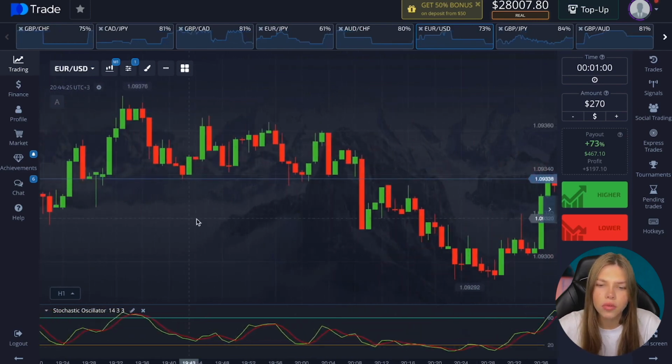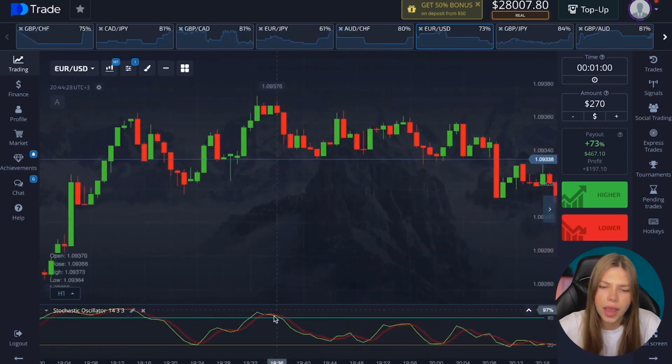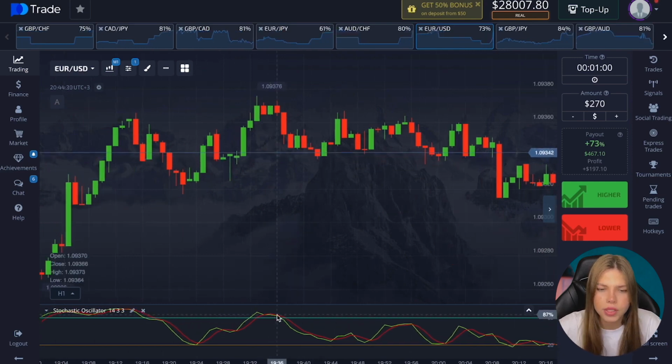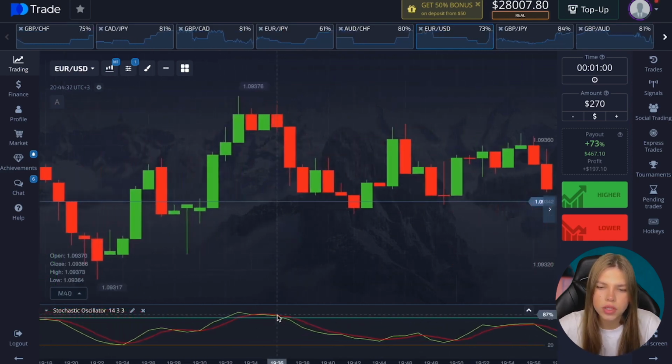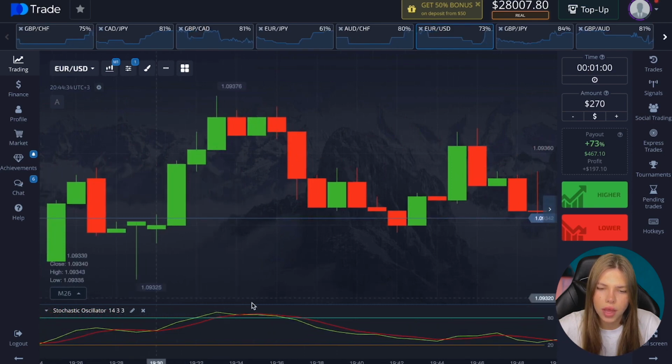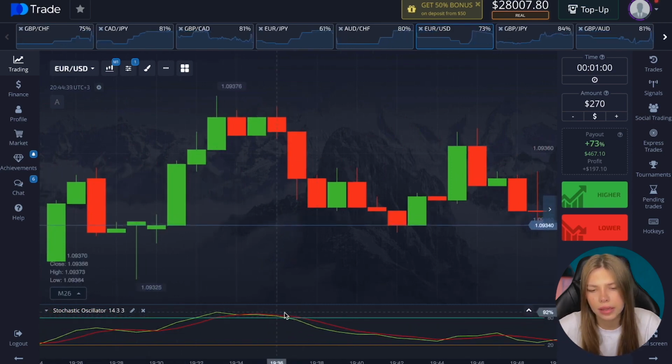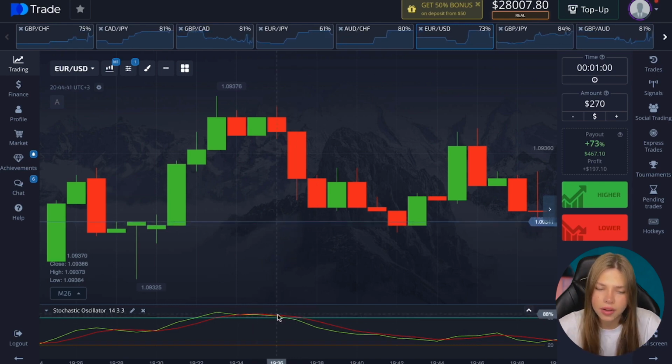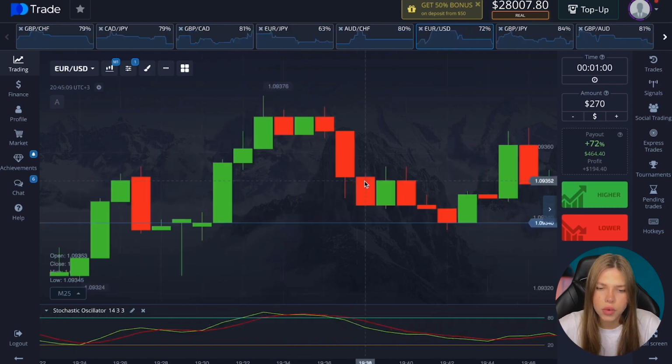Now if we have broken the maximum as here, unfortunately I can't zoom the indicator normally, and we see that our two lines have crossed, turned around, and go from the maximum to the neutral zone, and the slow line, the red line in our case, is higher than the green fast one, this is a signal to us for trading. Here's our deal open, on a new candle.